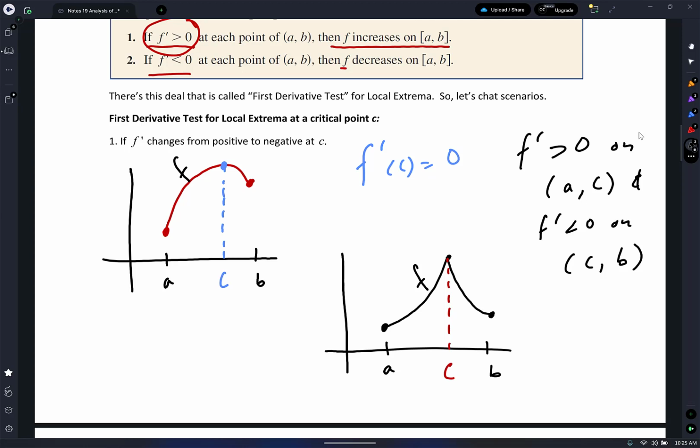You have a max if the derivative changes from what to what? Perfect. Write that down.